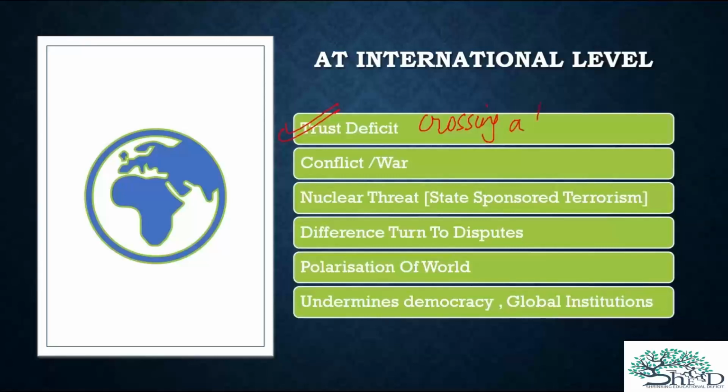Although USA has previously killed Osama, he was a non-state actor, right? But Iran's general was a state actor. So doing that was very shocking. All right. So if trust is gone and deficit increases, it will lead to conflicts, and it might lead to wars also.